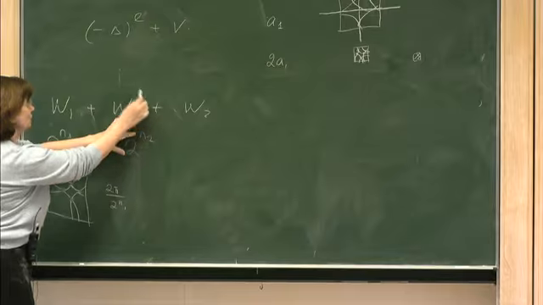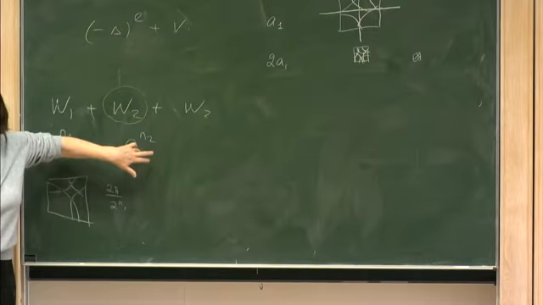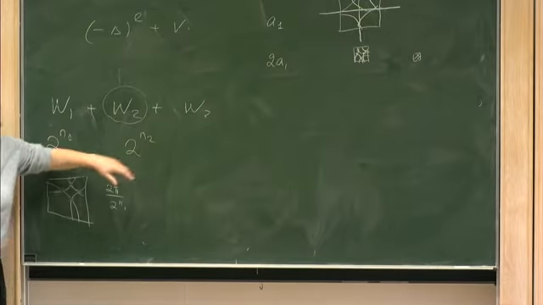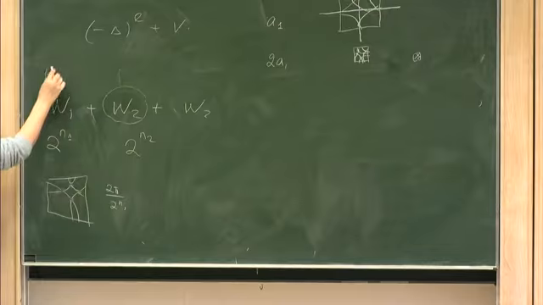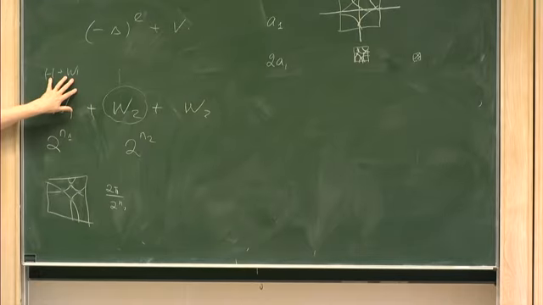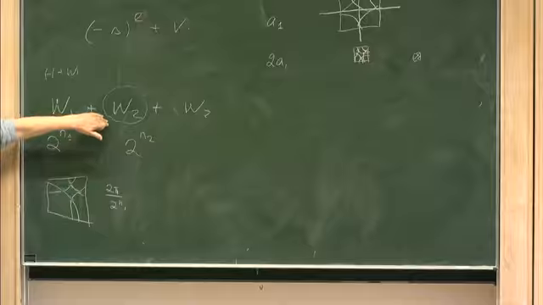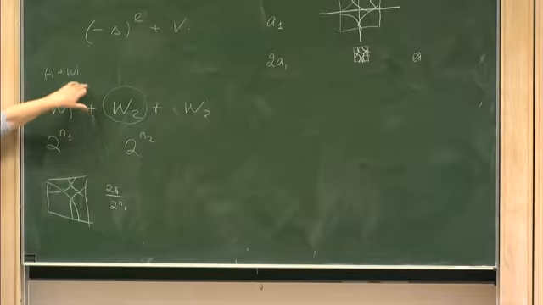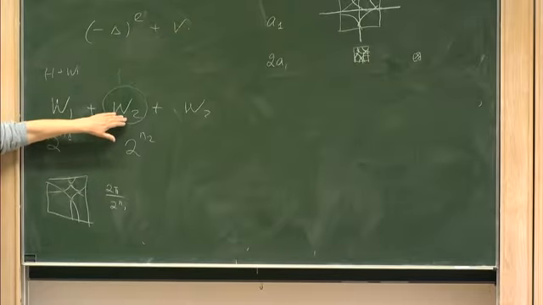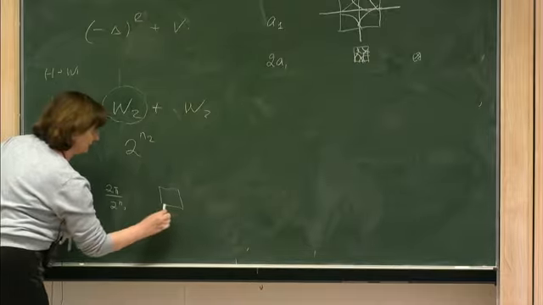Now, if we want to add W2, which has a bigger period, first we have to think about H plus W1 as having a bigger period before we can add W2, because W2 has a bigger period than W1. So before we can add W2, we have to put this stuff in a smaller box.